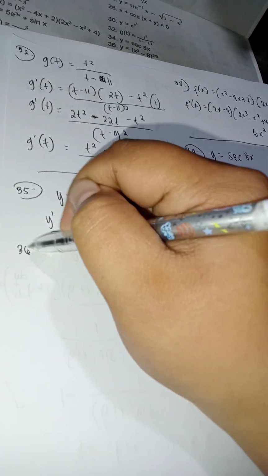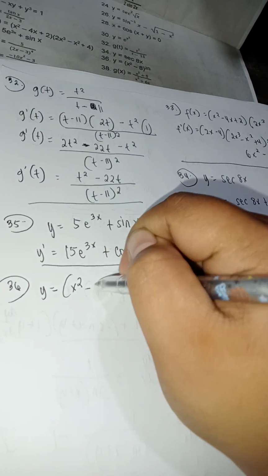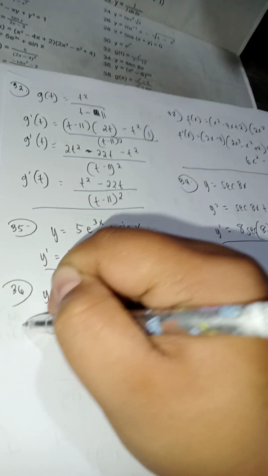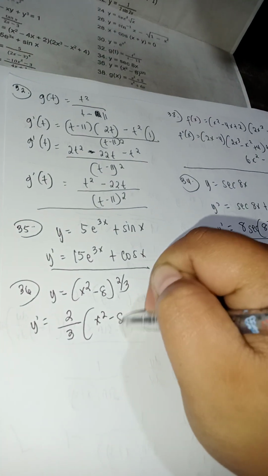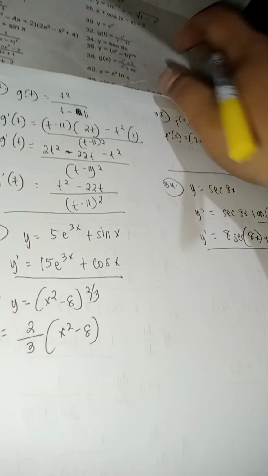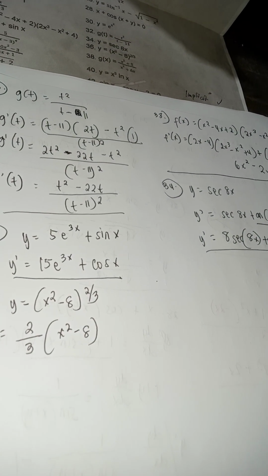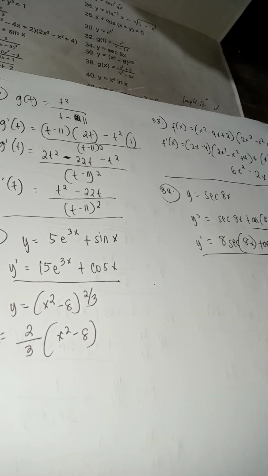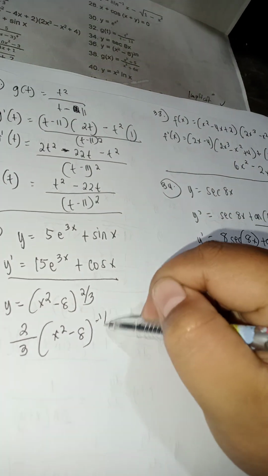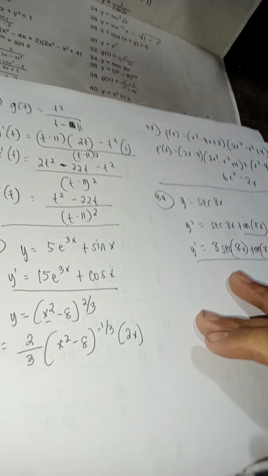Number 36. We have here the problem y is equal to x squared minus 8 to the 2/3. Apply the chain rule, 2 over 3 times x squared minus 8. If we subtract 1 from 2/3, it results to negative 1/3, times 2x from this.